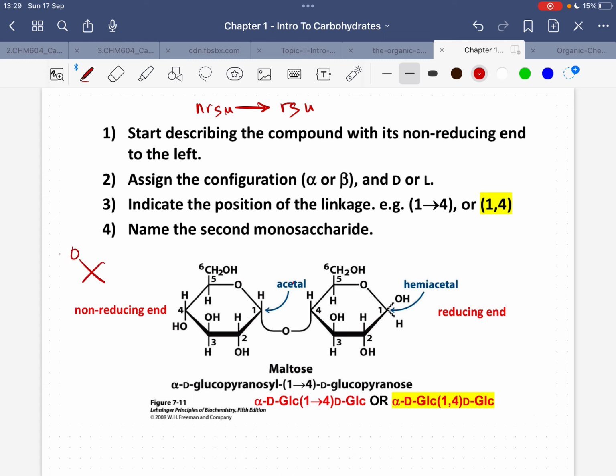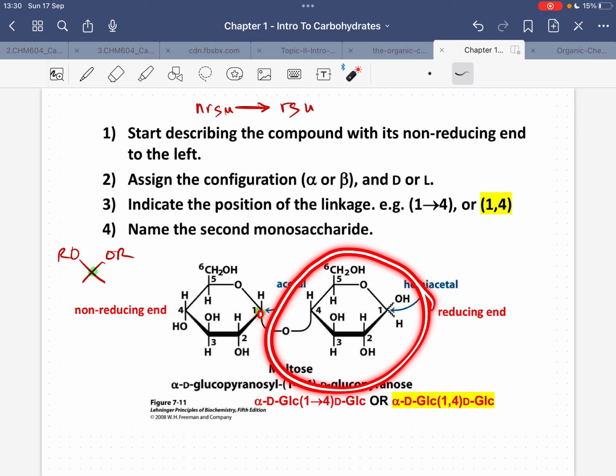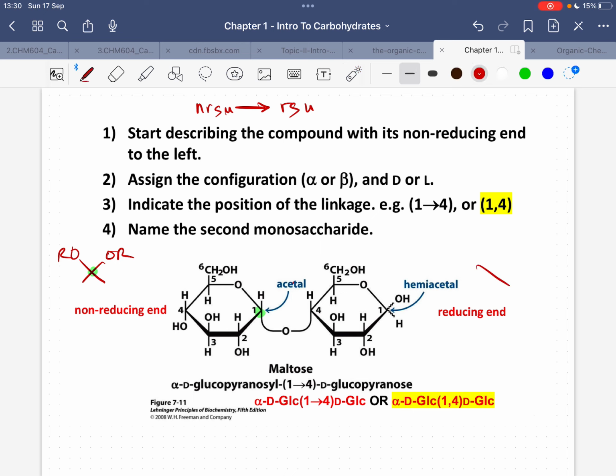Right? An acetal has this formula. So if this is the anomeric center or carbon, this will be the OR group and this is another OR group relative to this anomeric carbon. So that is an acetal. The reducing sugar unit has a hemiacetal. A hemiacetal is OH, OR.